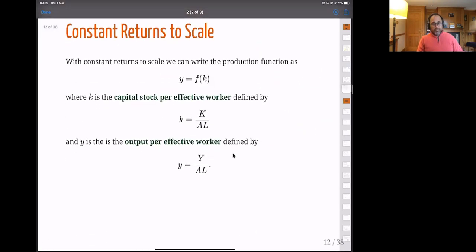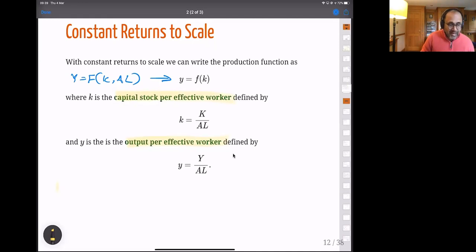If you have constant returns to scale, the production function Y = F(K, AL) can be written as small y as a function of small k. That means output per effective worker is a function of capital stock per effective worker.